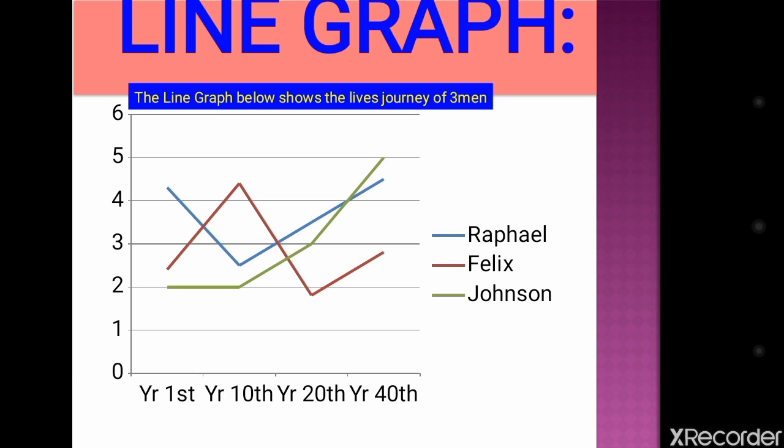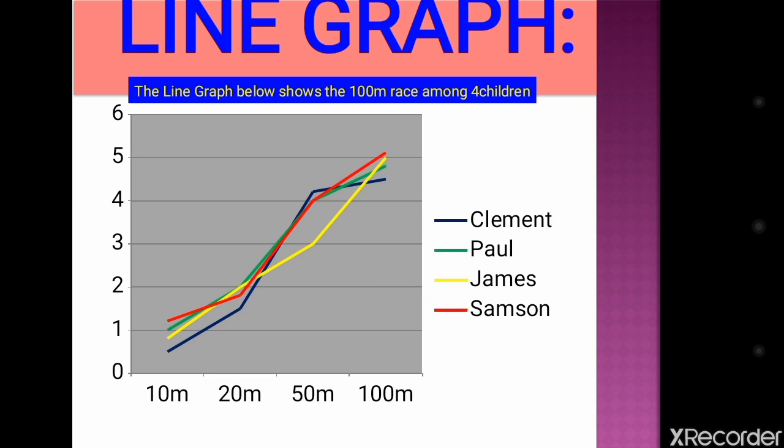Okay. Now, I want you to study this other one. This line graph below shows the 100-meter race among 4 children. Take note of the key there. Clement is the child representing blue house, Paul is representing green house, James is representing yellow house, and Samson is representing red house.